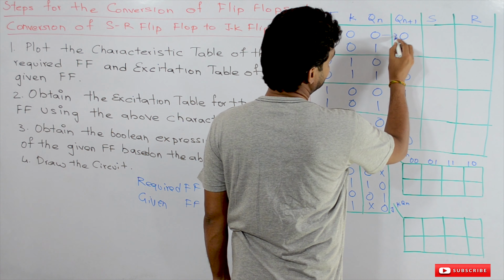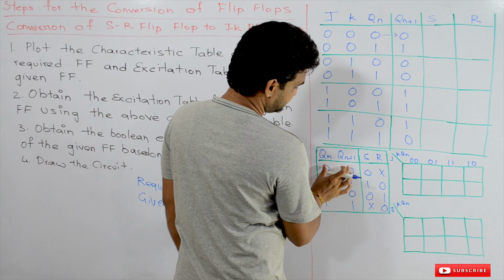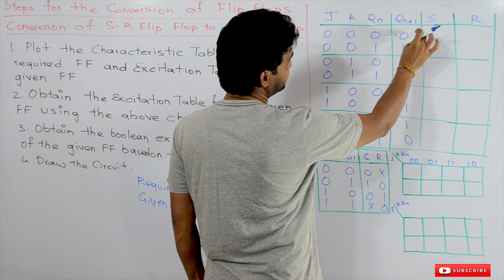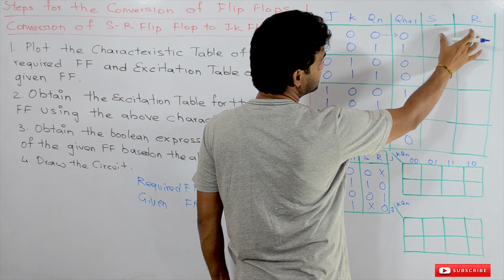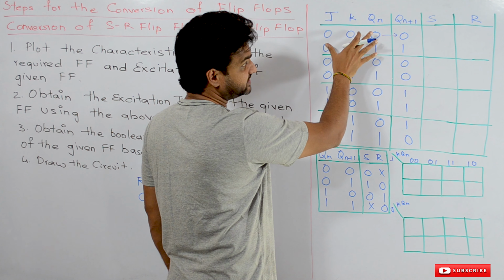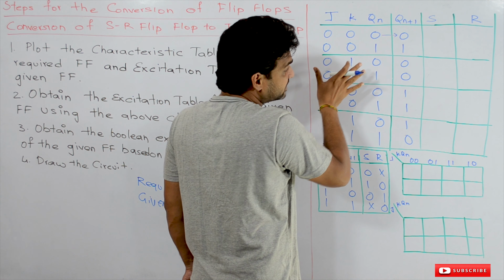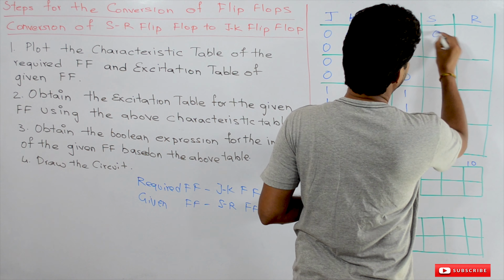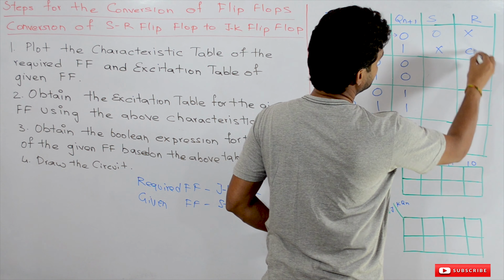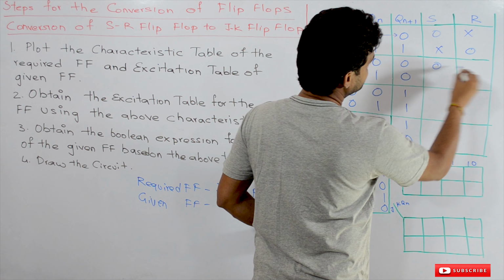It is Qn to Qn plus 1, and based upon this we fill in the values. For 0 to 0 in JK, what are the inputs required for SR? See here, this is the JK table, and for this table we are constructing the excitation table for SR. So 0 to 0 it is 0, don't care, and 1 to 1 it is don't care, 0, and the next one is 0 to 0, 0, don't care.